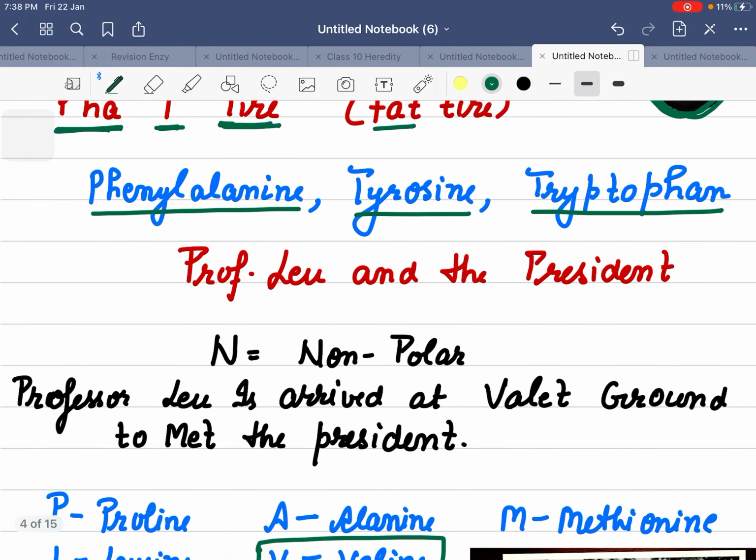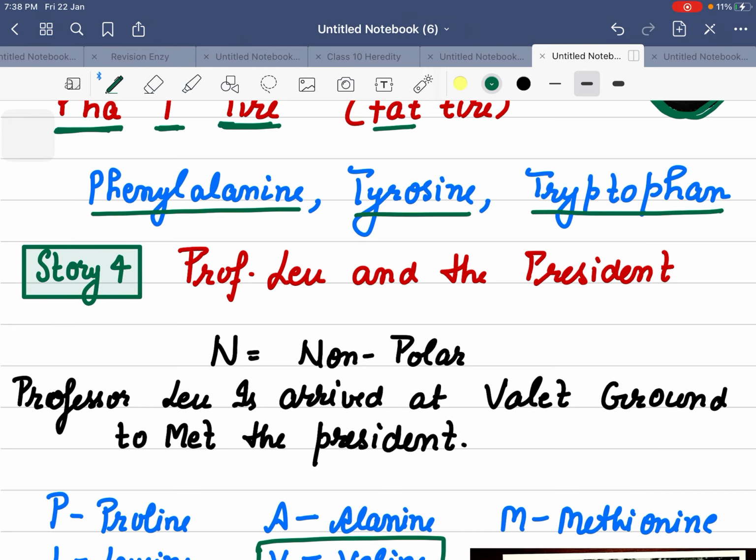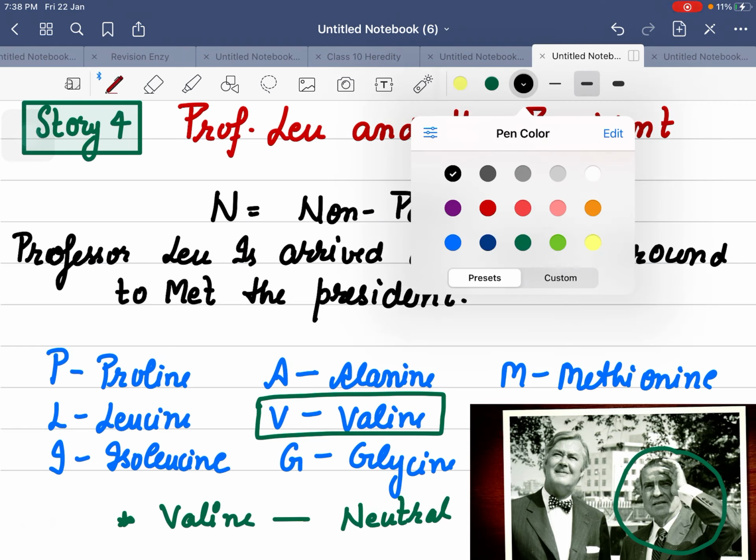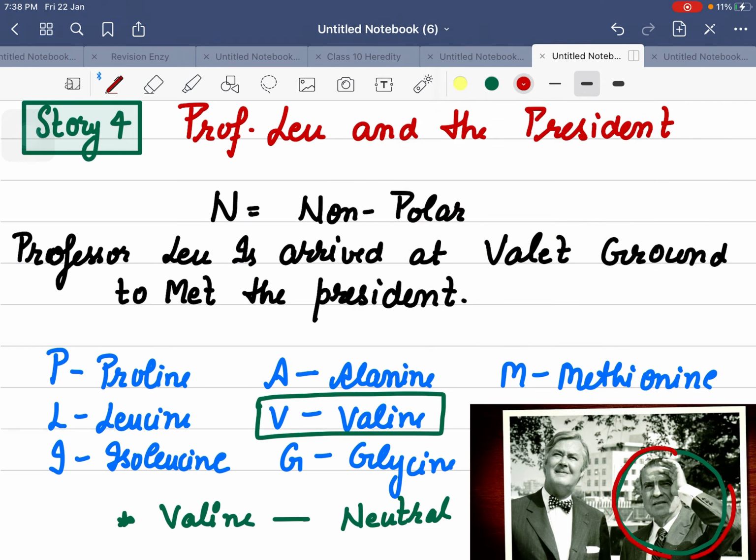The last story is about one professor and the president. There is one professor, his name is Professor Liu. Right, his name is Professor Liu. Now, Professor Liu arrived at a valley ground to meet the president.